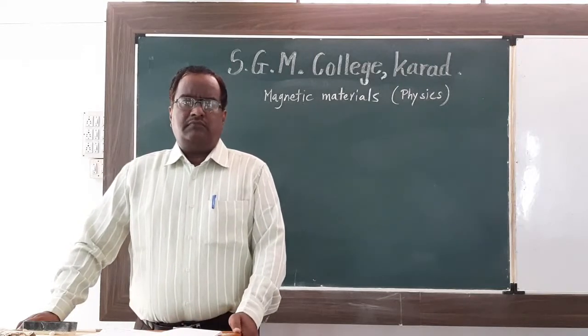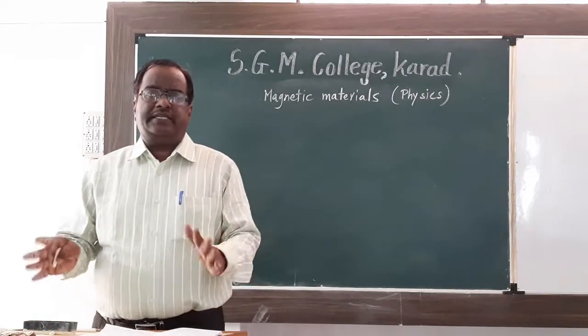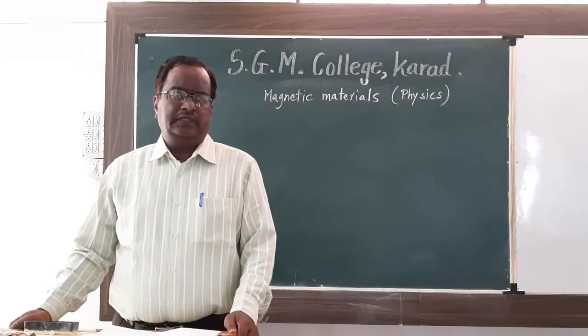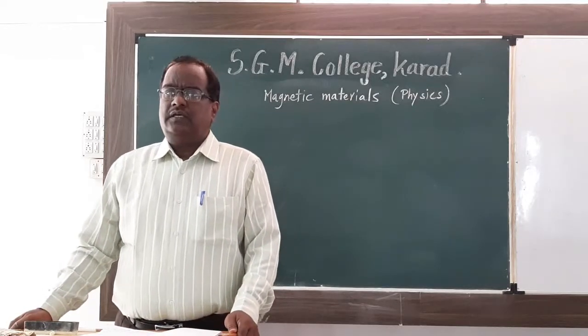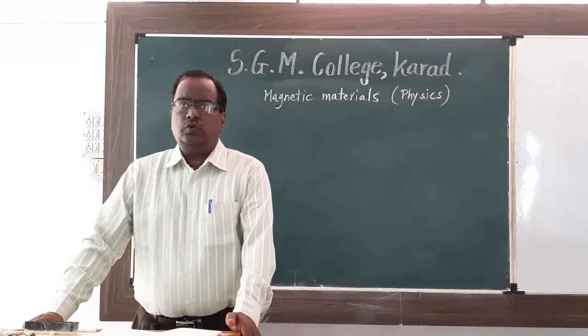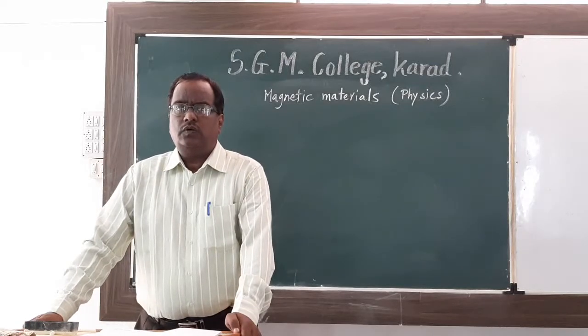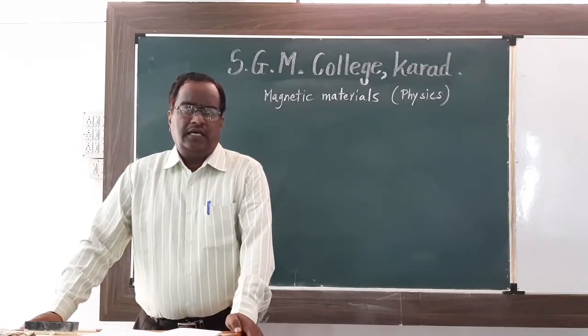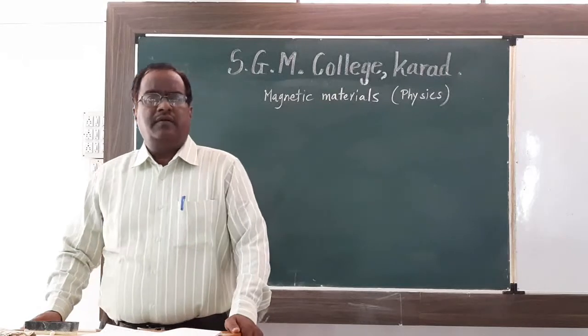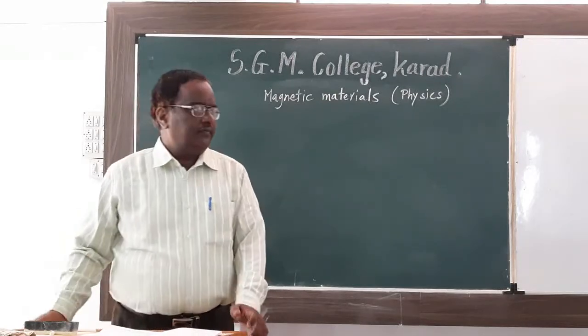These poles are slightly situated inside the magnet. The distance between two poles is known as magnetic length.